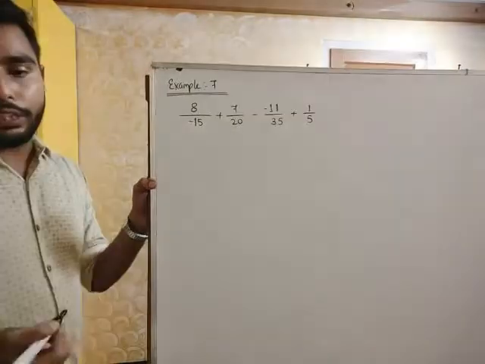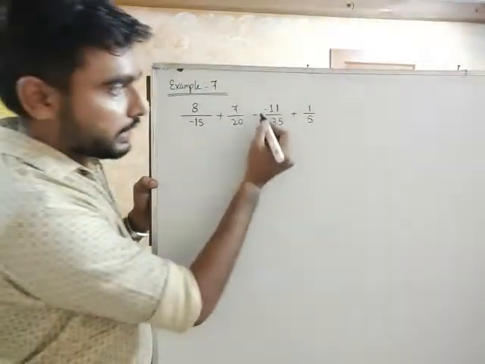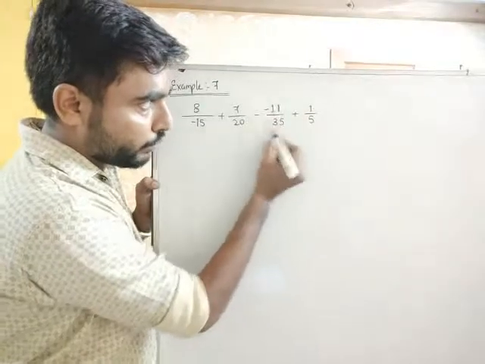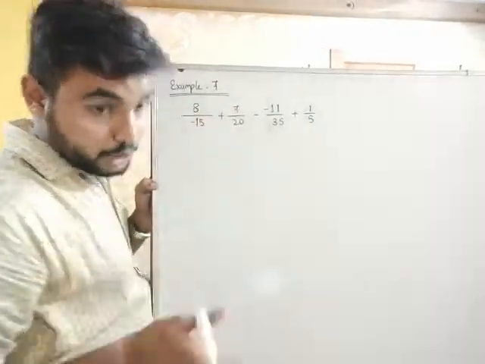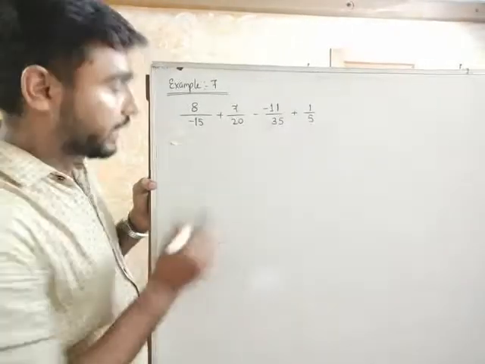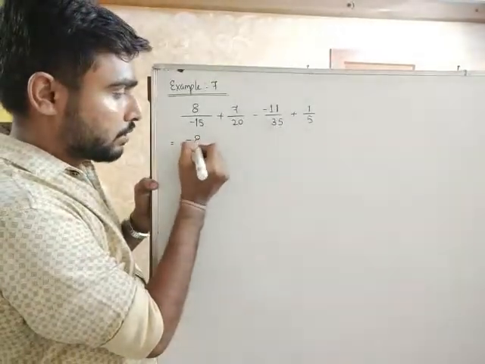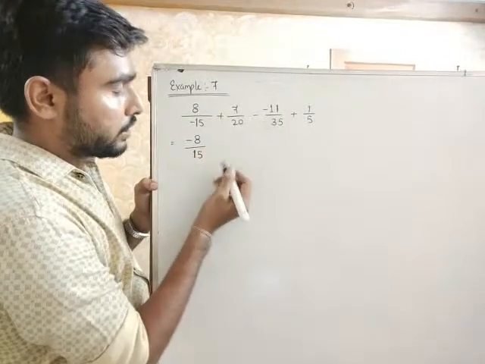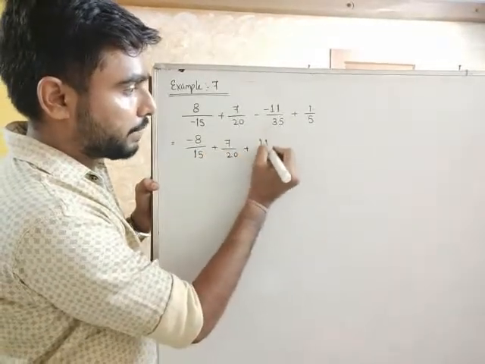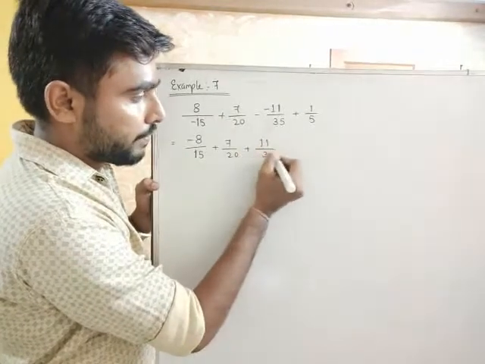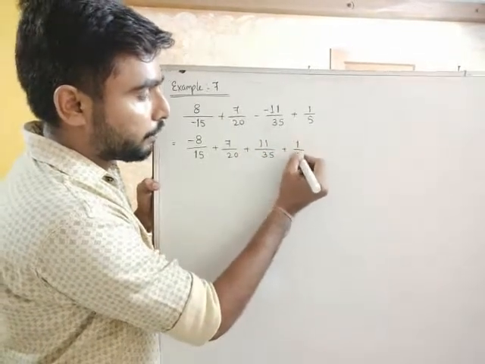So first of all, if there is any combination of sign, like minus minus, it will combine and become plus. Denominator and negative, it should be positive, isn't it? So in the second step: minus 8 by positive 15, plus 7 by 20, minus minus plus 11 by 35, plus 1 by 5.